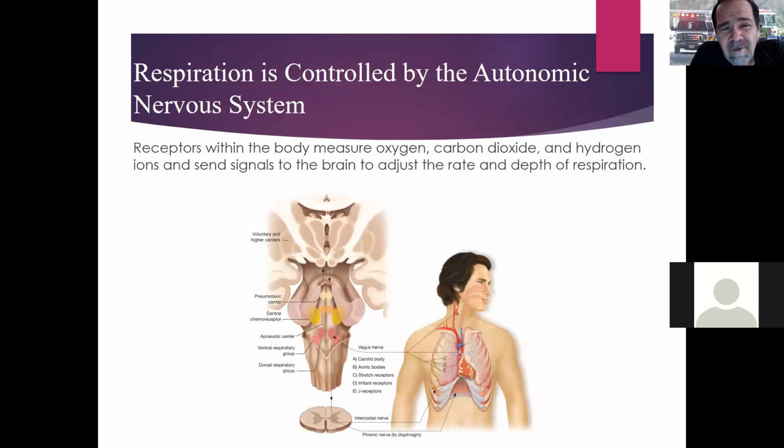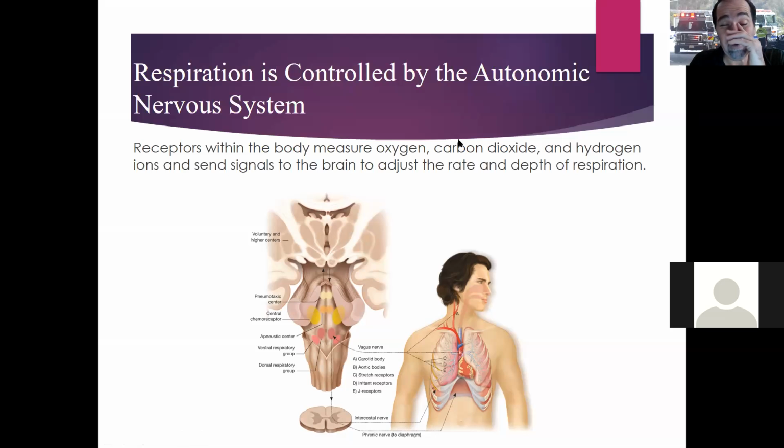Good morning. We're just going to continue again with the receptors that we were talking about that send signals to the brain. We have receptors within our blood vessels and our body that tell us what our pH is. Also, they tell us the amount of oxygen and the amount of carbon dioxide within the blood itself.